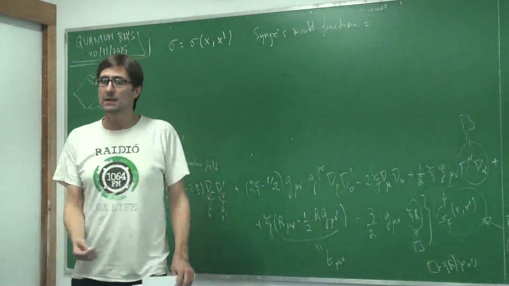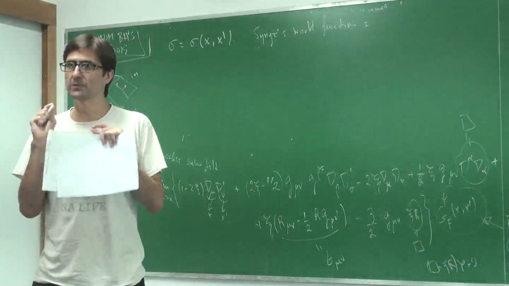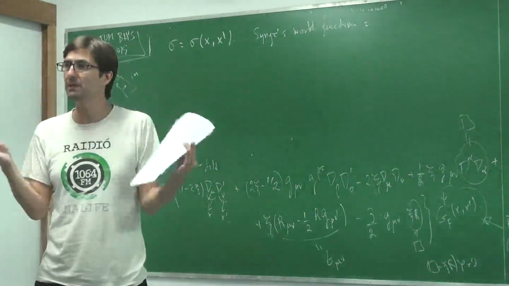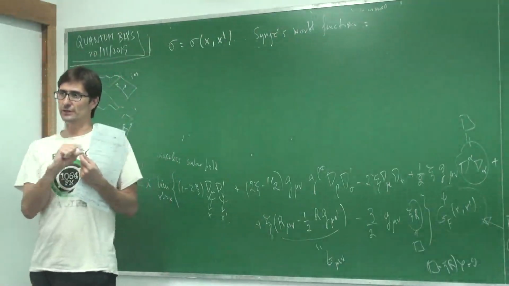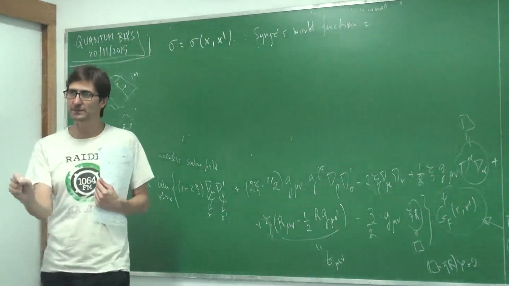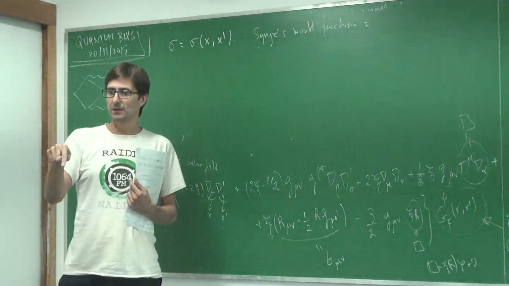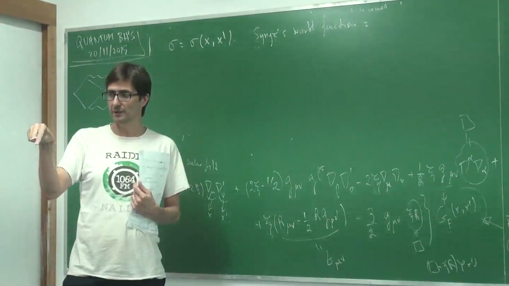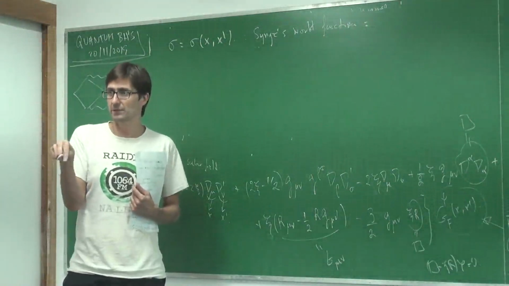Physically, whenever the points x and x prime are sufficiently close, it can be defined properly. When they're sufficiently close, there's a unique geodesic joining the two spacetime points. This is valid for any spacetime. If you take an arbitrary point in a spacetime and look at a sufficiently small neighborhood around that point, there's a unique geodesic joining any point in that region to the point x that you've chosen.